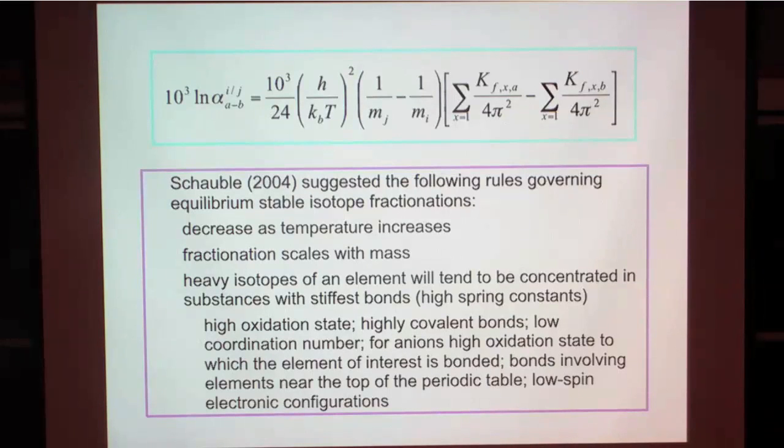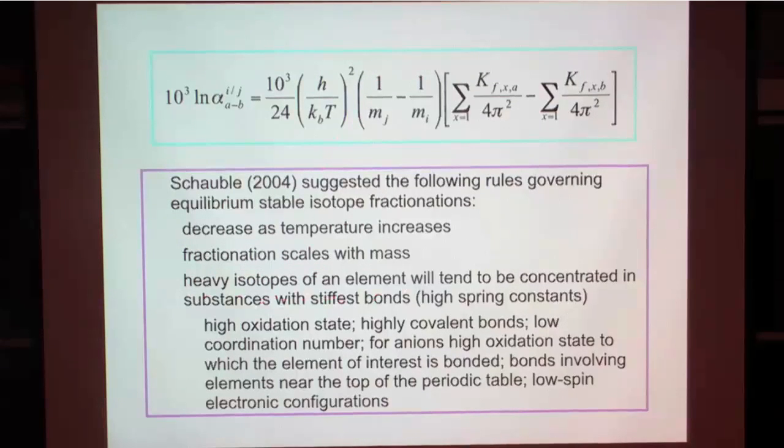So in 2004, in our Reviews in Mineralogy chapter, Edwin Schauble suggested the following rules governing equilibrium stable isotopes. This is basically a follow-up to the O'Neil paper, but 20 years later. Again, fractionation will decrease as temperature increases, as a function of 1 over T squared. The fractionation scales with mass. You can see that here.